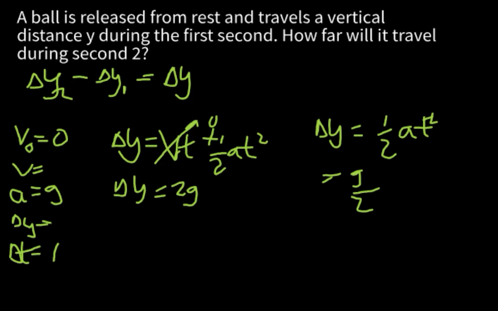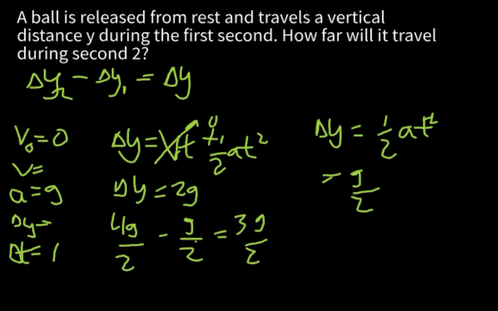So now we have the delta y for both seconds and the delta y for second 1. So if we subtract these two values, that will give us the change in y for just second 2, and that's what we're looking for. So we can rewrite this as 4g over 2 minus g over 2, and that equals 3g over 2.